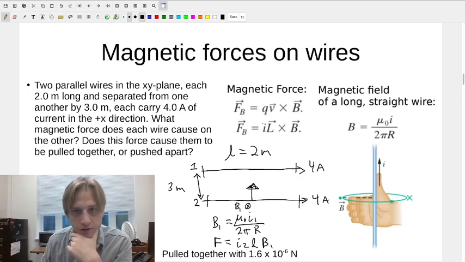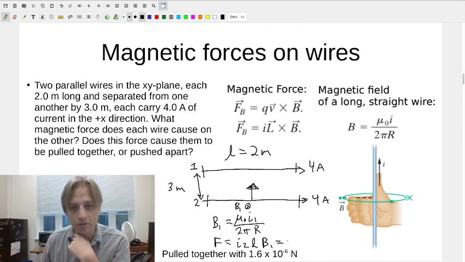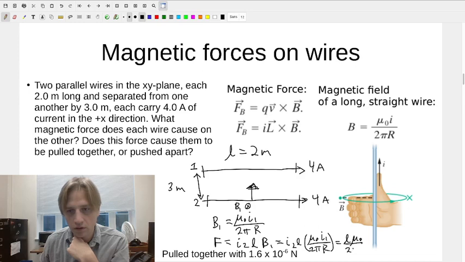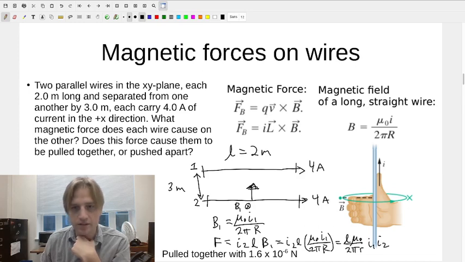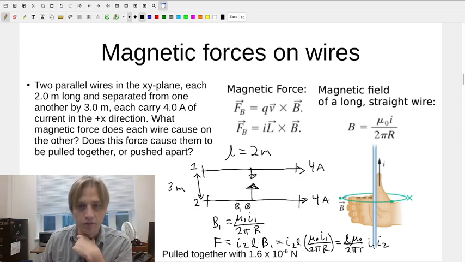So that just comes from this. And if we put in the magnetic field from that wire 1 in there, we would get I2 times L times mu naught I1 over 2 pi R. And this, it turns out, is going to be the same for each case. It's just that the forces are going to be in opposite directions.